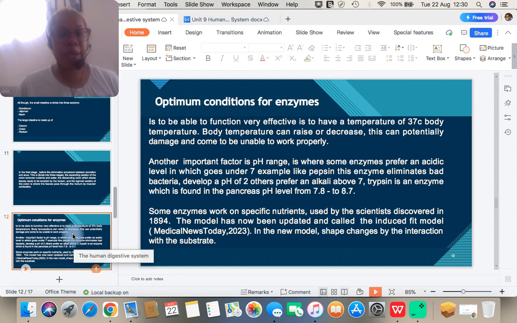Some enzymes prefer an acidic level, under 7. For example, pepsin, which eliminates bad bacteria, works at a pH of 2. Some enzymes work on specific nutrients, as scientists discovered in 1894. The model has now been updated and is called the induced fit model.